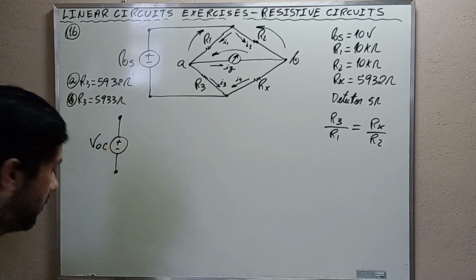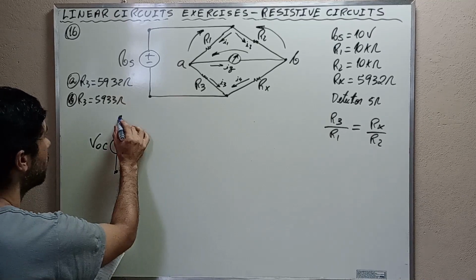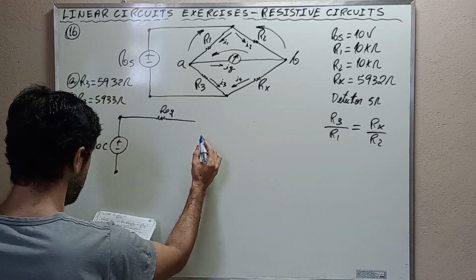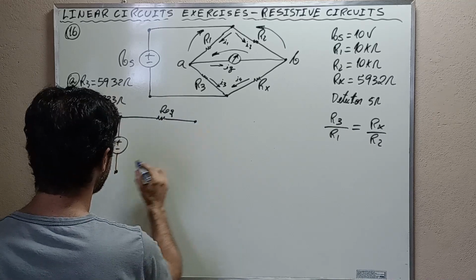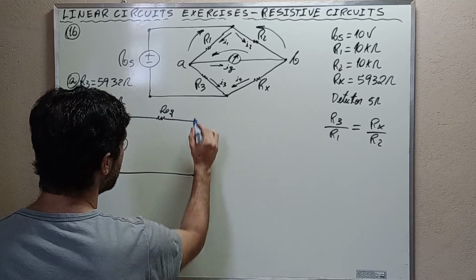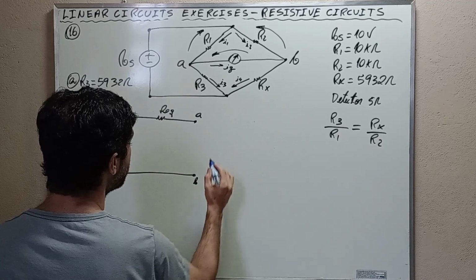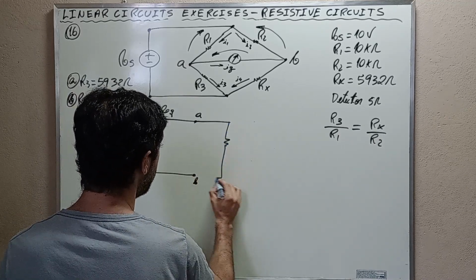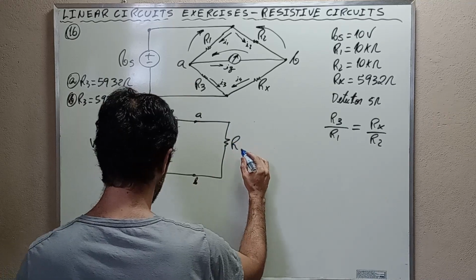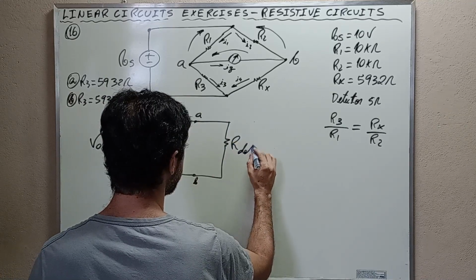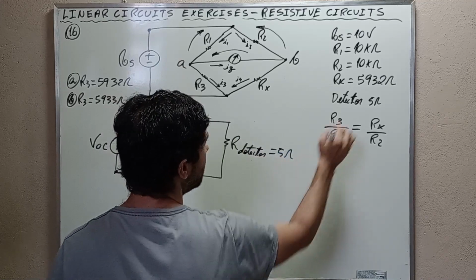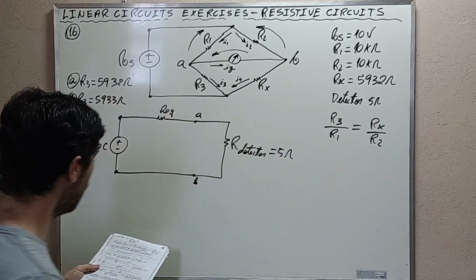We just calculated the value of VOC. We calculated the value of the equivalent resistance, and these are the points A and B. And here the resistance of the detector, R detector, and the exercise said it is 5 ohms.